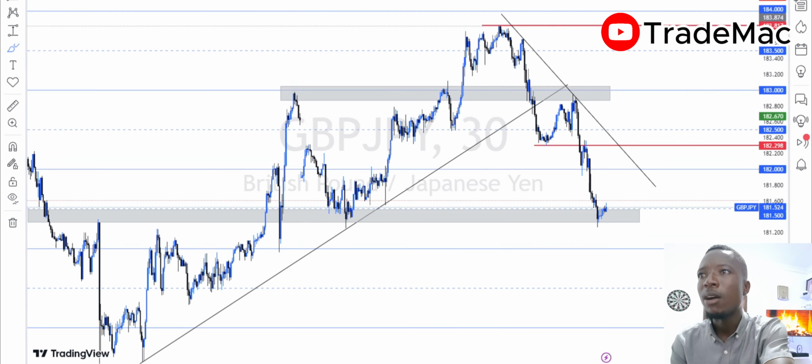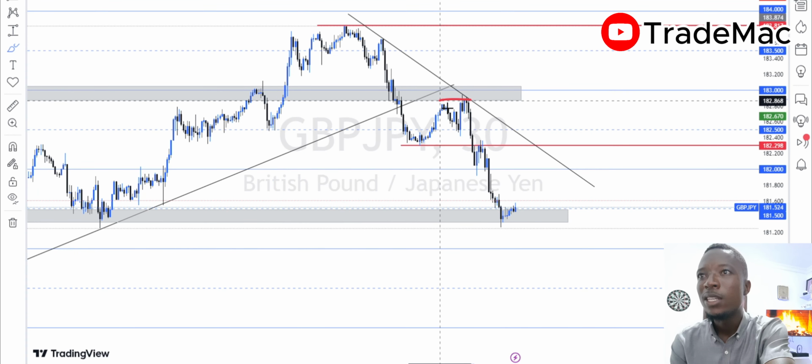After the breakout of this very zone, the next thing I was looking out for was a retest of this very zone for a sell.